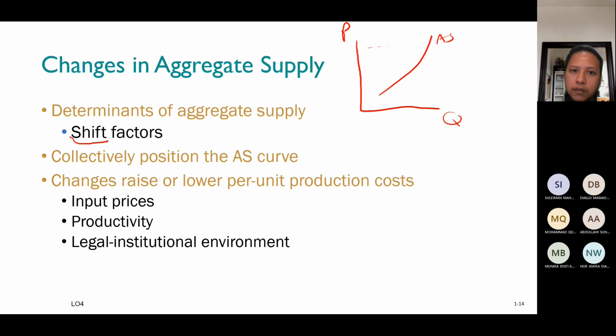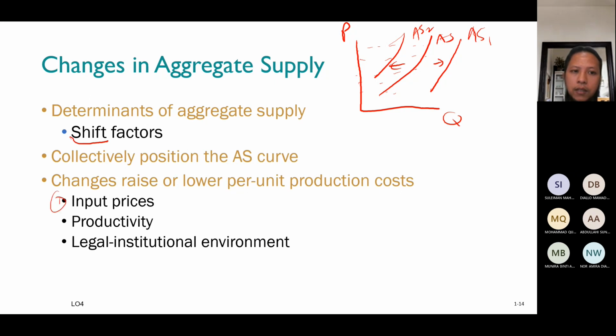The price levels will change the aggregate supply, right? At different points you have different quantities. But the shifts, the causes of aggregate supply shifting to the right or to the left, to AS1 and AS2, are other factors. So these are the factors that will shift aggregate supply.